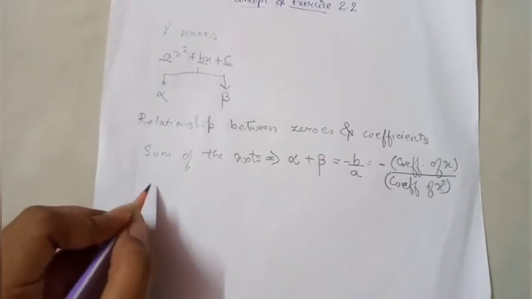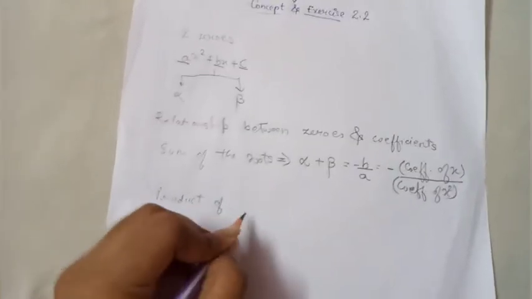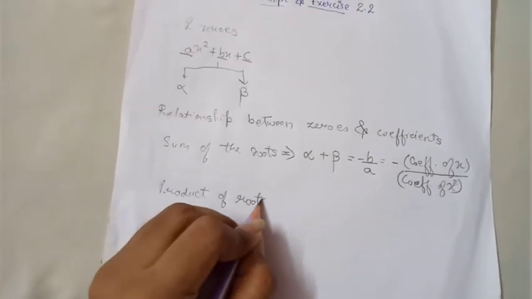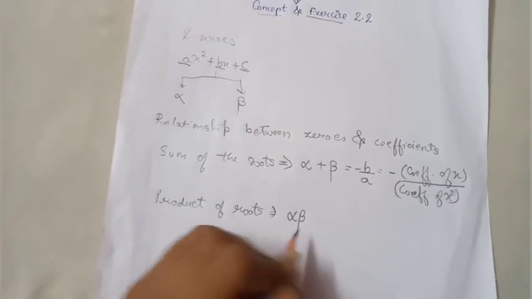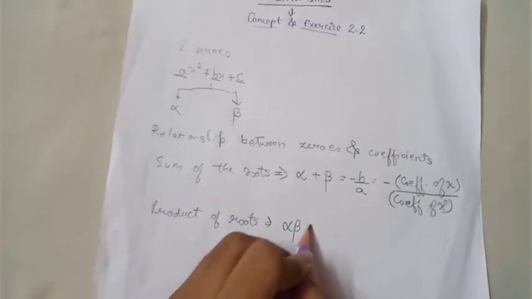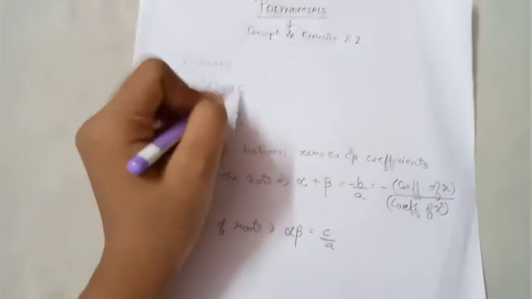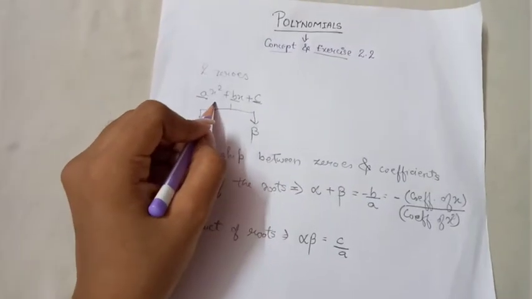Now we'll do the product of roots, that is alpha into beta. One root is alpha and another is beta, we just need to take the product. So it is c upon a. C is the coefficient, or we can say constant, and a is the coefficient of x square.